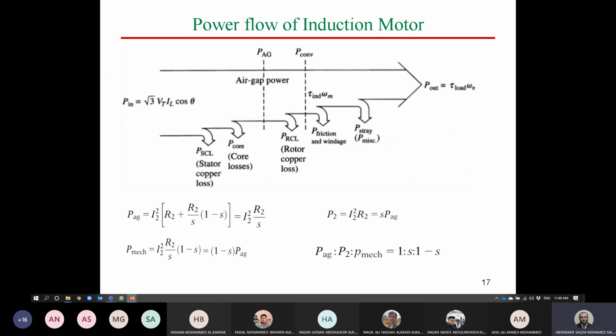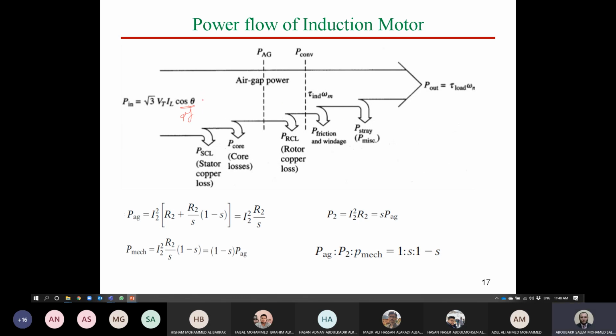For the power flow, you have P input for any three-phase system equal to square root of 3 times V line times I line times cosine theta, where theta is the angle between phase voltage and phase current, which represents the power factor angle.